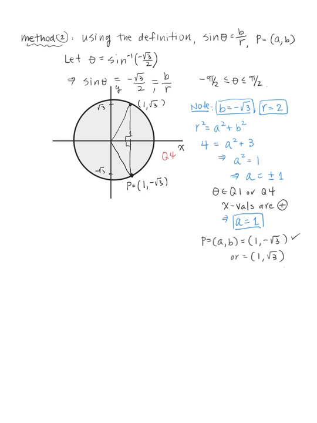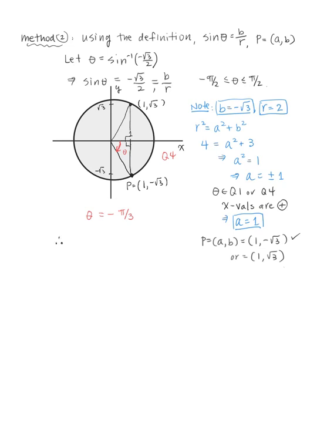So what we're looking for is the angle that's going from the initial side to the terminal side, which is 1 comma negative root 3. So basically we're looking for this angle right here. Do you see that our theta, if I call this one theta, better be negative 60 degrees, which is negative pi over 3.